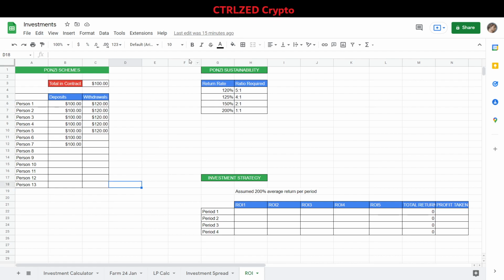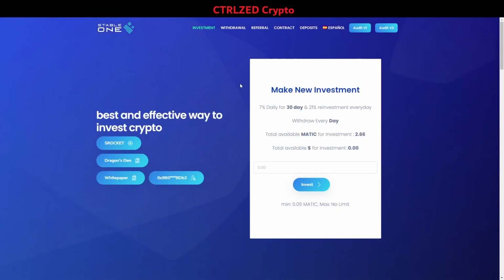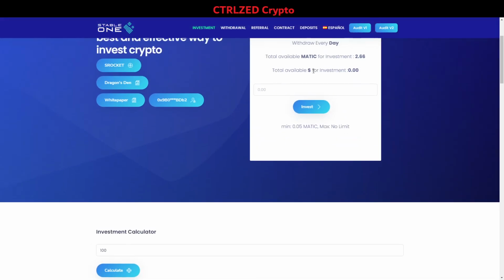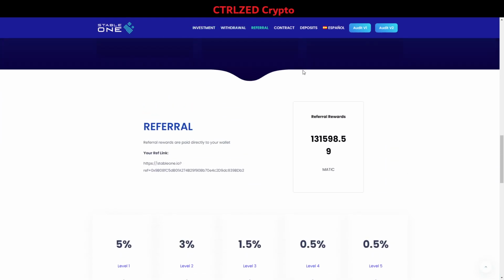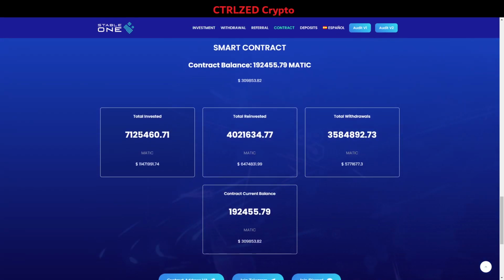So one way that you can assess the risk of this, as well as the return rate and the ratio of new investments to old investments that is needed, is to have a look at how much is in the contract. So we can see this for Maticstaker, for Stable One. Here we go. So total invested in the contract, it's the current contract balance that you want to look at.